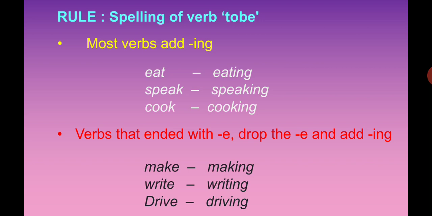What is the spelling of make? M-A-K-E. So the word ends with e. So we remove e from make and add ing. So what will be the spelling in present continuous tense? Making. M-A-K-I-N-G. Making. Same way, write, writing, drive, driving. I hope you will understand this type of rules with the examples very easily.